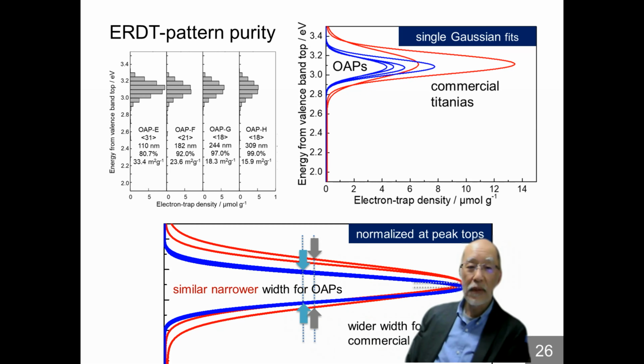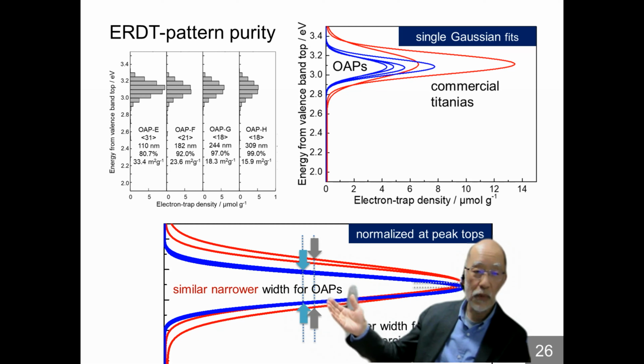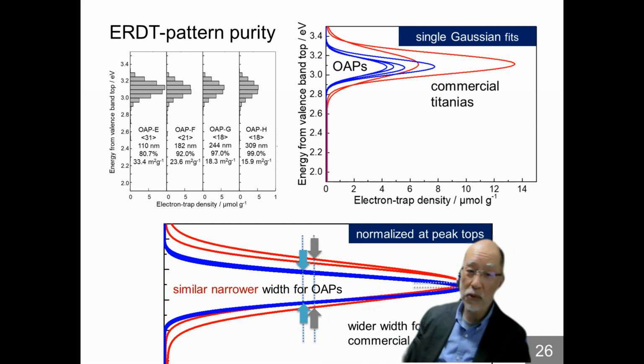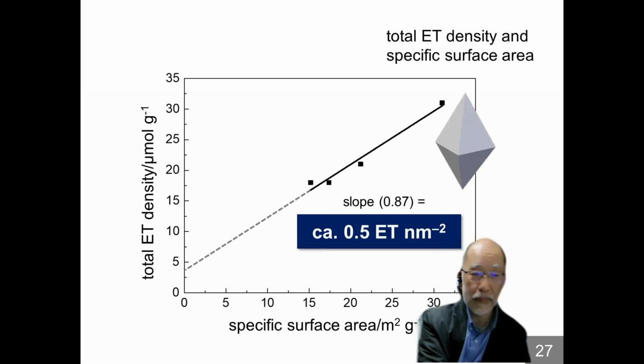That means the surface structure is very, very uniform for OAP particles, as expected. The commercial titania samples expose many kinds of surface structures, including 101 facets. This also tells us the high purity of the OAP sample in terms of surface structure.